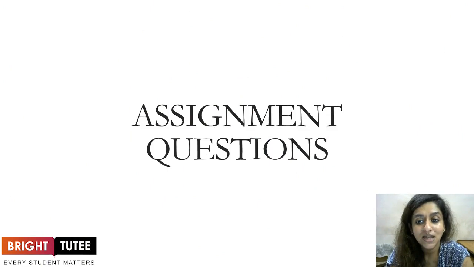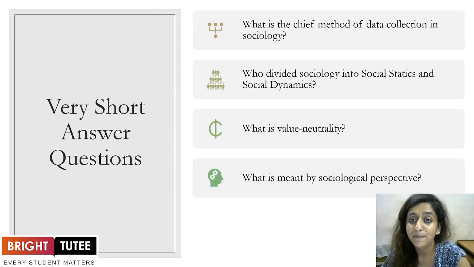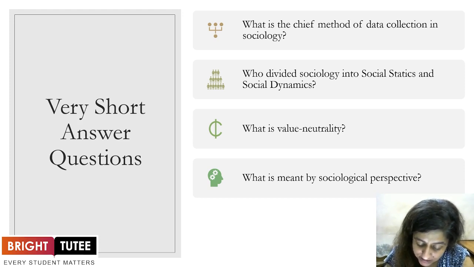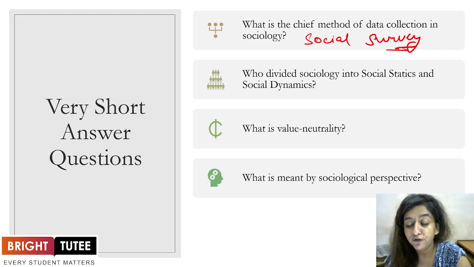Moving to the assignment questions, the first question is: what is the chief method of data collection in sociology? When we were talking about the aspect of sociology, we saw in the differences that sociology has social surveys as its major data collection, and that is what makes it different from social anthropology.